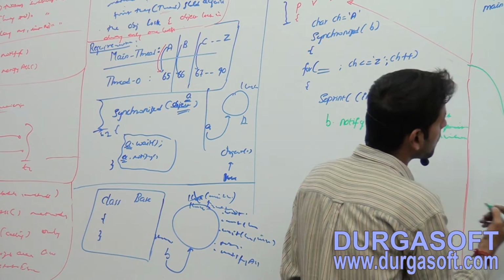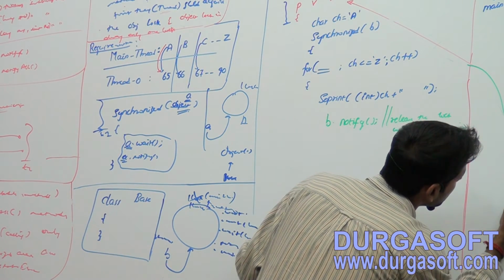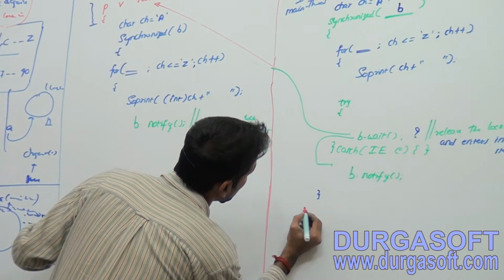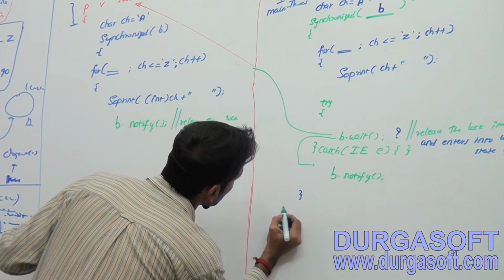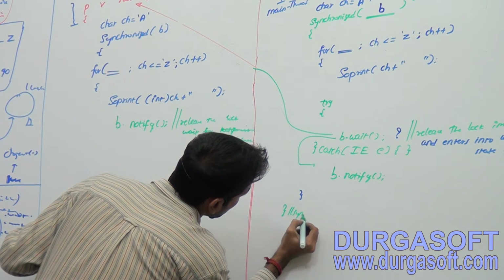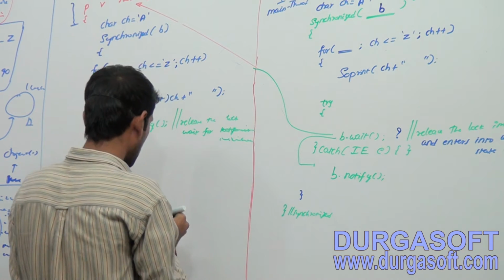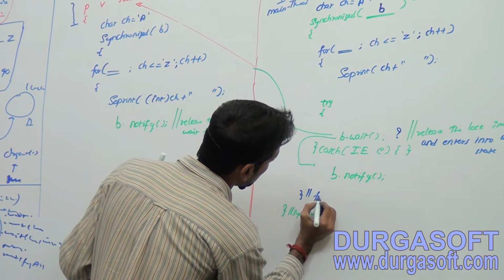Okay, now close this for loop and close the synchronized block. Getting, friends? Close the synchronized block. This is what our for loop.